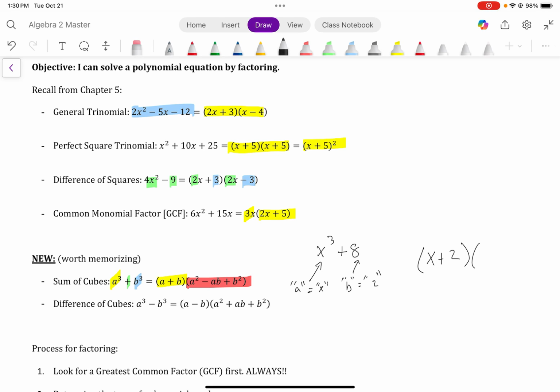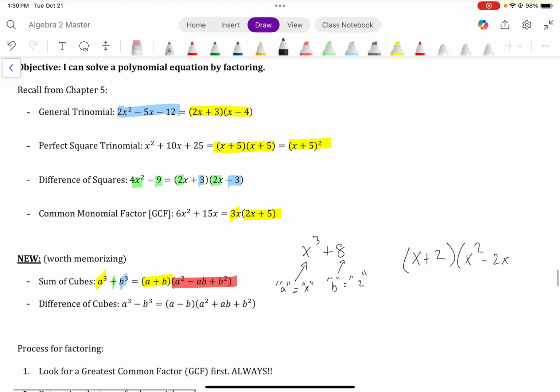X plus 2 times a squared, well, it's x squared, minus a times b, x times 2, which we will usually write as 2 times x, and then plus b squared, well, plus 2 squared, which I hope we can all just jump to being 4. That's how that process works.